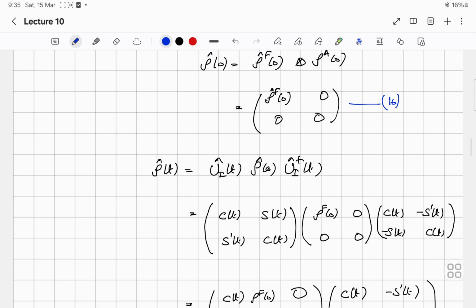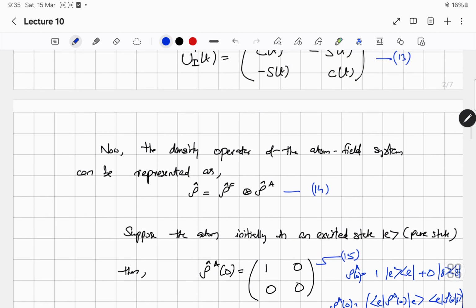So using the time evolution in the interaction picture, rho of t is nothing but UI of t, rho of 0, and UI dagger of t, and we have already found the expressions for UI of t and UI dagger of t earlier.